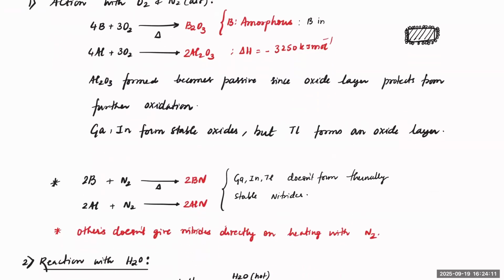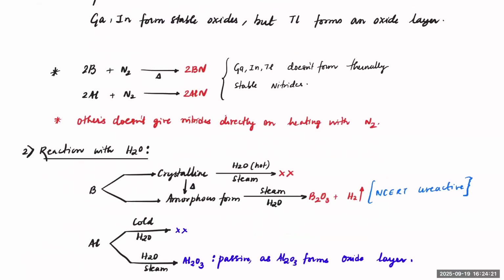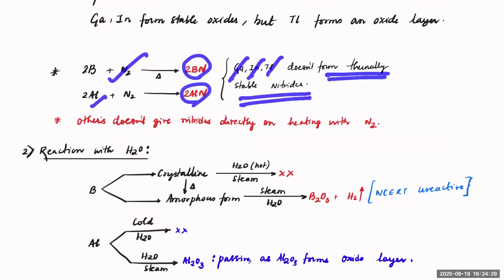While gallium and indium form stable oxides, thallium forms an oxide layer as well, just like aluminium. Now boron with nitrogen forms boron nitride, and aluminium forms nitride, while gallium, indium and thallium do not form thermally stable nitrides.